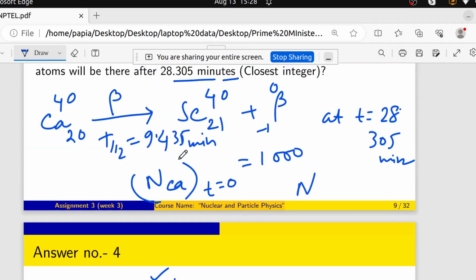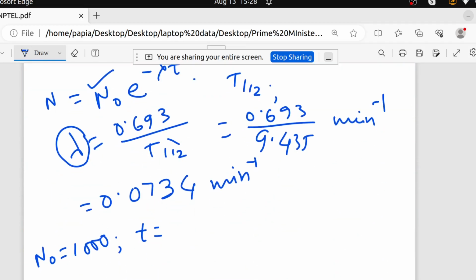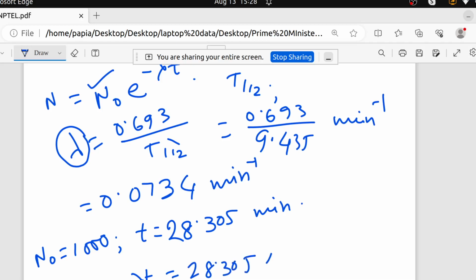T is 28.305, and it is also in minutes. Now if I write lambda into t, what will be the value? 28.305 into 0.0734, where t is in minutes and lambda is in minute inverse, so as a whole it is a dimensionless quantity.